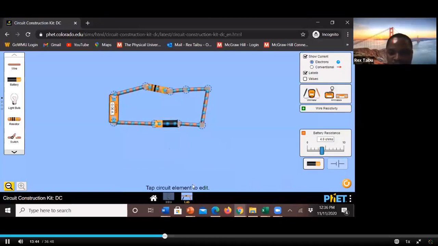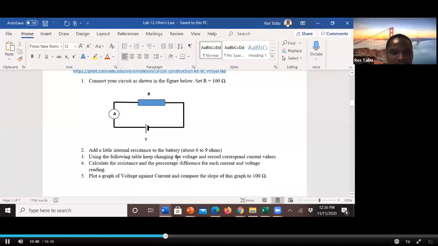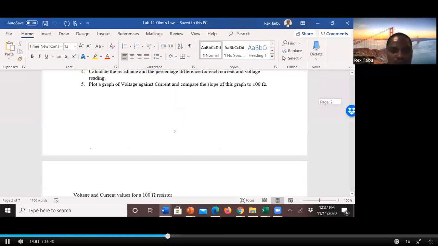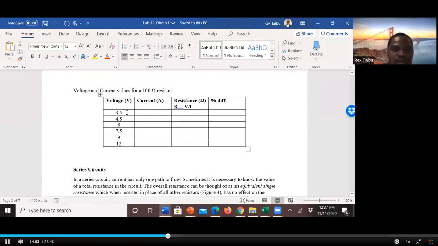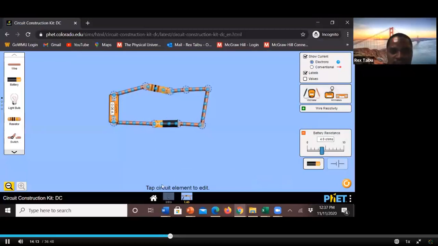What else? What does it say? They say using the following table, keep changing the voltage and record the corresponding current values. So we are going to keep changing the voltage according to this table here. So I'm going to show you quickly. I click on here.